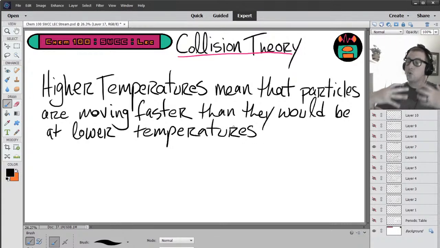And this increase in motion will lead to more collisions.